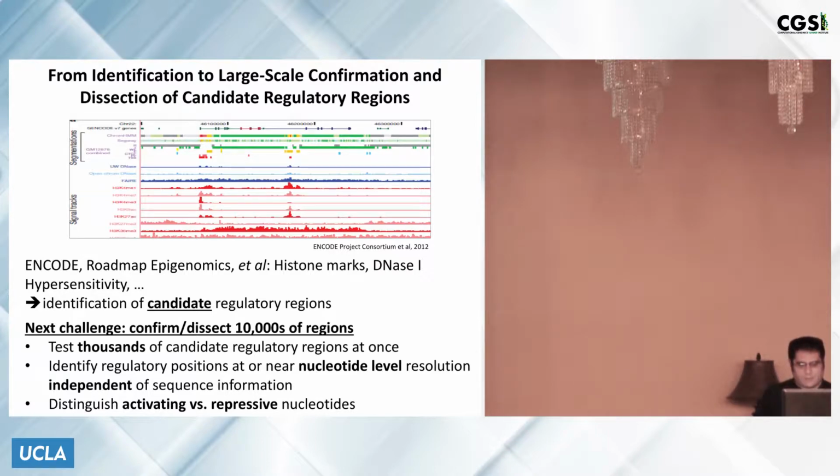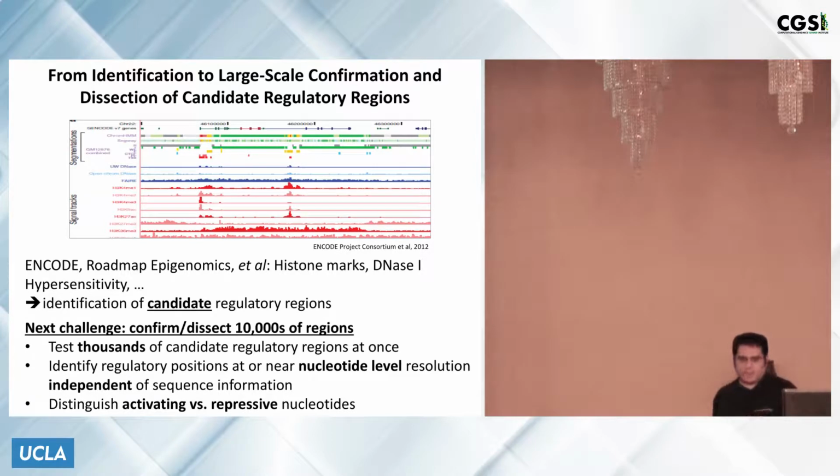With the massively parallel reporter assay data, this technology has been used to follow up on the question that, based on epigenomic data, we have the ability to identify thousands of candidate regulatory regions, and you'll find out next Friday specifically how one can predict those regions. In any given cell type, it's quite easy to generate thousands of predictions of potential regulatory regions.